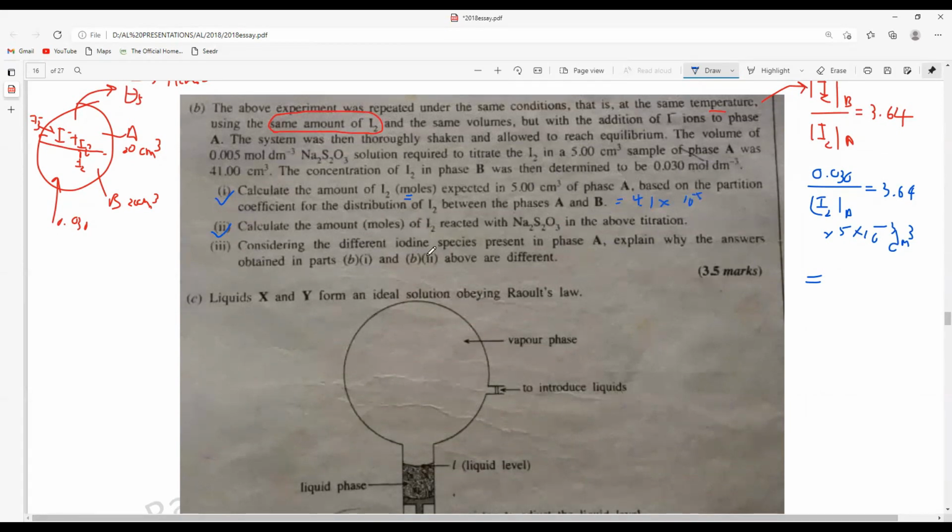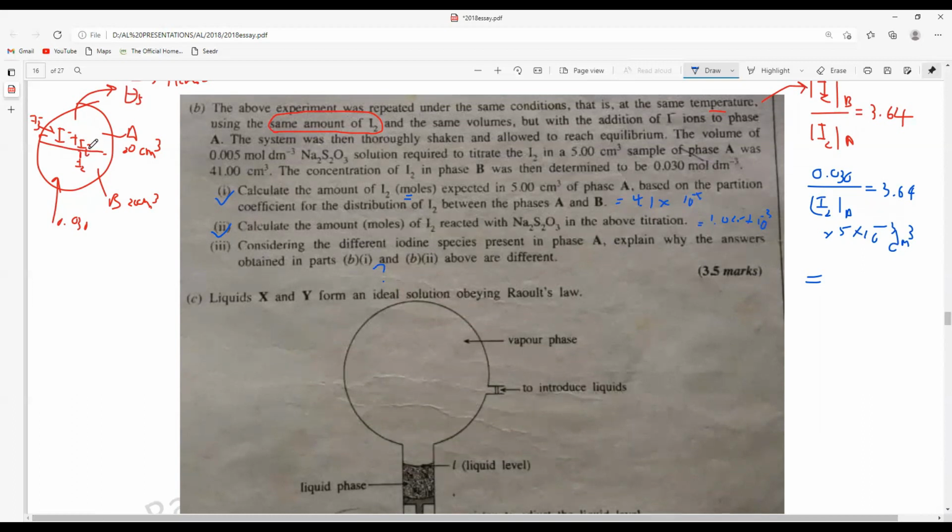But when you find it using the thiosulfate, the actual titration, you will get something around 1.025 times 10 to the power minus 3, right? So you see there is a big difference. This amount is a lot higher than that one. And they are asking why. That is our question. So the simplest explanation is here.